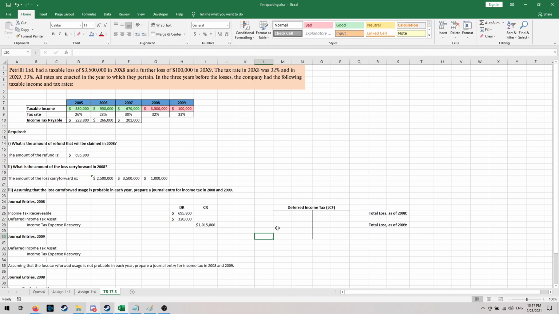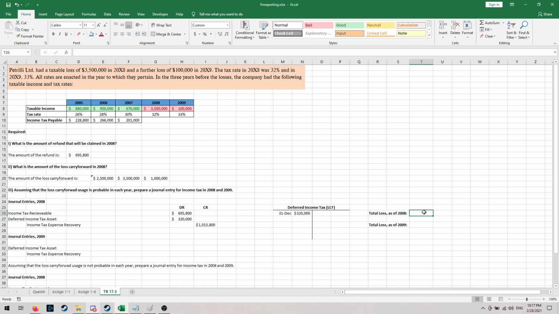So next we need to move on to 2009, where we had a $100,000 loss. So first off, we need to fill in our T account for our deferred income tax loss carry forward. So on December 31st of 2008, we had $320,000 in this account.